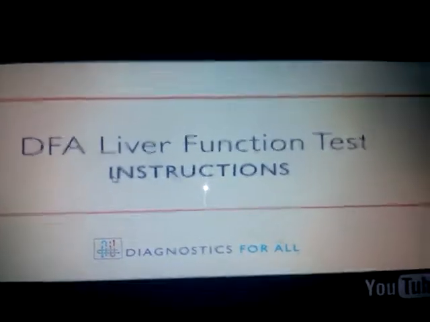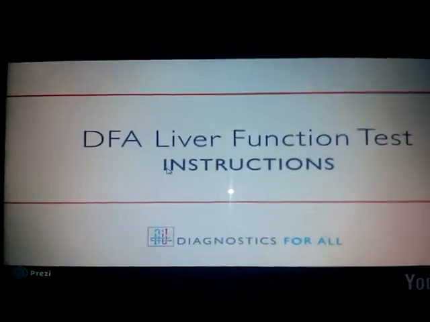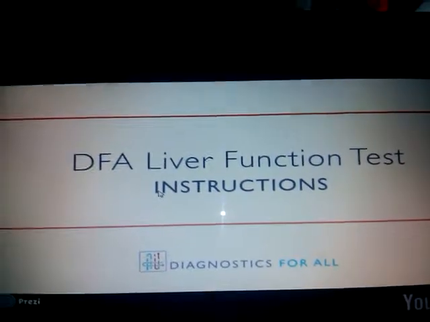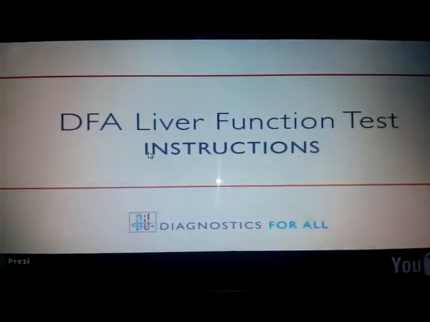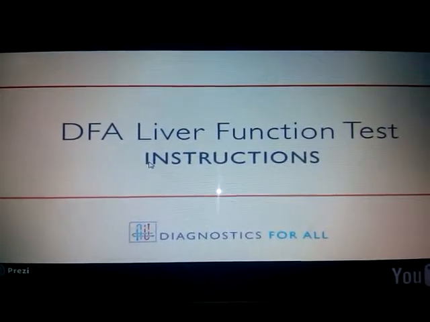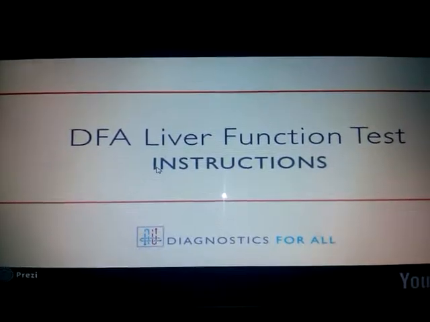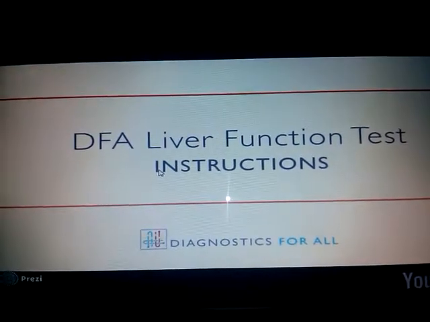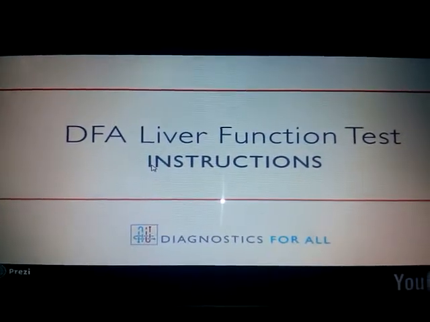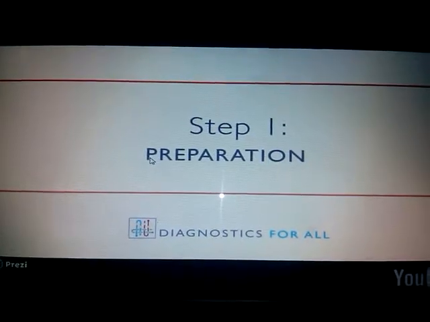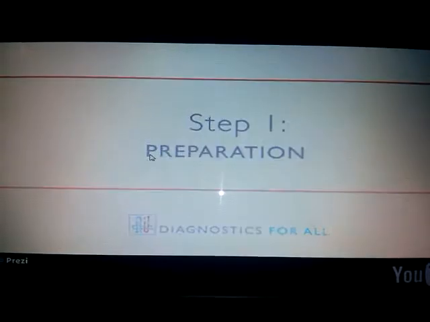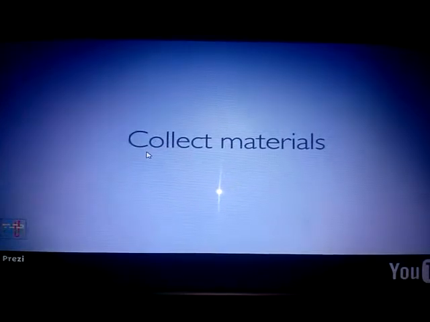The DFA liver function test checks the health of a patient's liver using blood from a finger stick. This test detects a liver enzyme, alanine aminotransferase, or ALT, which is an important indicator of liver injury. Step 1. Preparation. Collect the materials needed to perform the test.